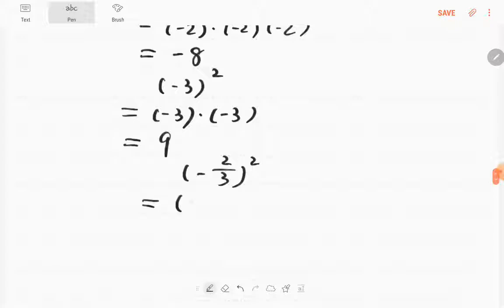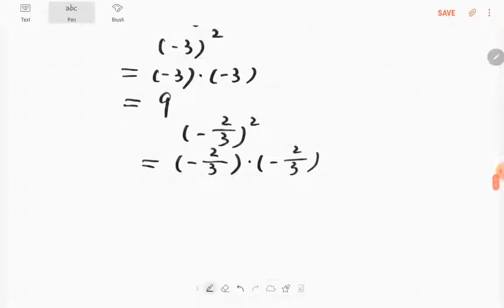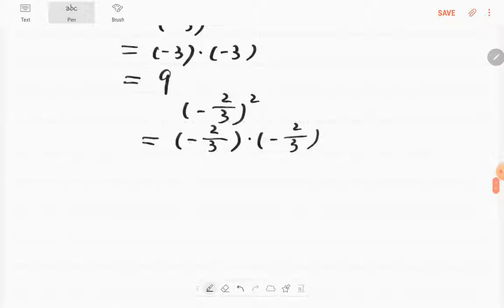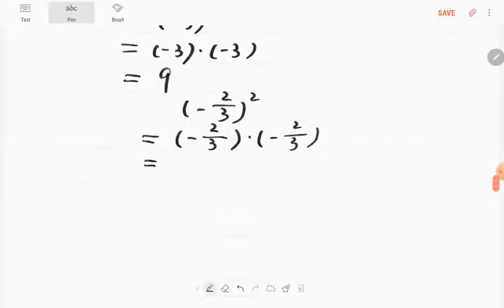Again, this time, negative 2 over 3 is our base. So we can write it into this form. Negative, negative, they are the same sign, right? And only 2 negative. So we will get positive as our result.